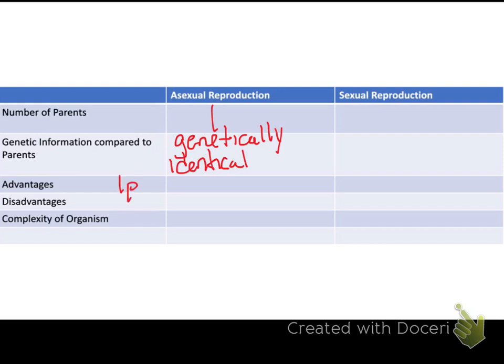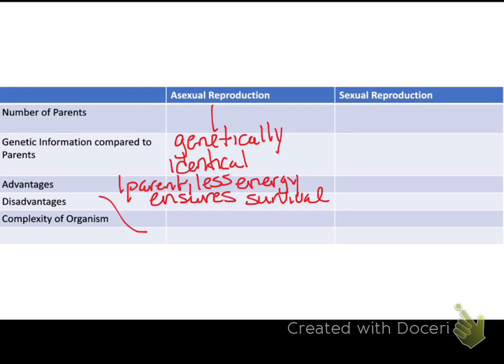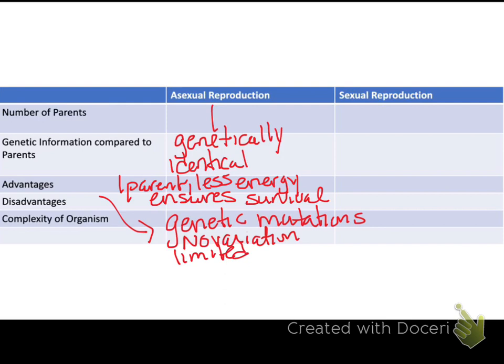The advantage of this is that it's going to take less energy, and it's going to ensure survival, because if there's not a lot of the same species, it can reproduce without a mate. Disadvantages of this are that it's going to be more susceptible to genetic mutations, because it's not going to have variation. It's going to be very limited. So if a mutation shows up, then it's going to be present in all of the offspring.